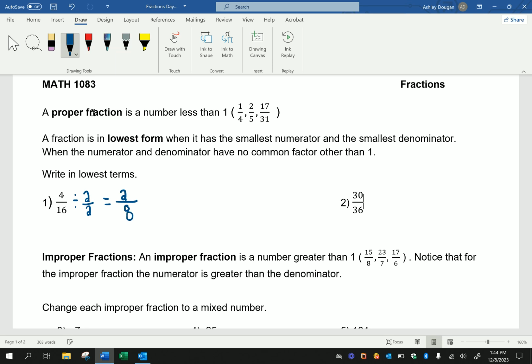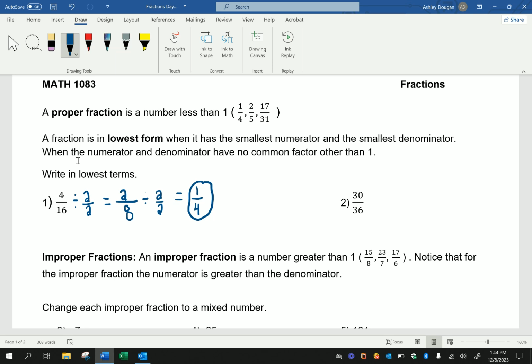And you would have gotten 2/8. But when we look at 2/8, we can see that this can be simplified more. There's still factors in common between 2 and 8. I can divide the top and bottom by 2 again, and then this would give me 1/4.